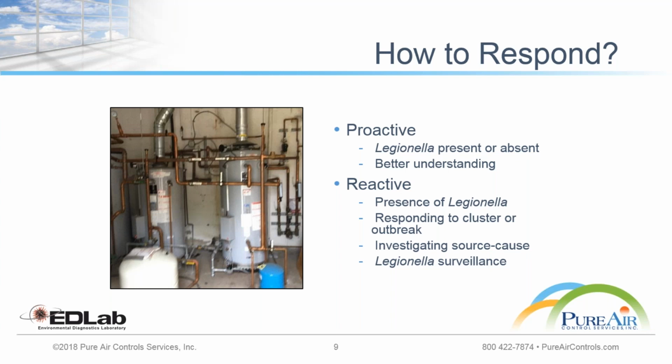You are responding to the cluster or outbreak, and the main thing under the reactive measure is going to be investigating the source where this is spreading out, so we can make a source-cause relationship in order to manage that. And of course, once you have the situation under control, do not forget to put in a surveillance-like activity in order to keep monitoring whether Legionella is still a problem or is being kept under control.